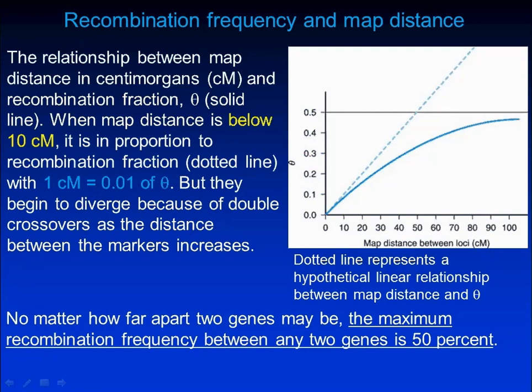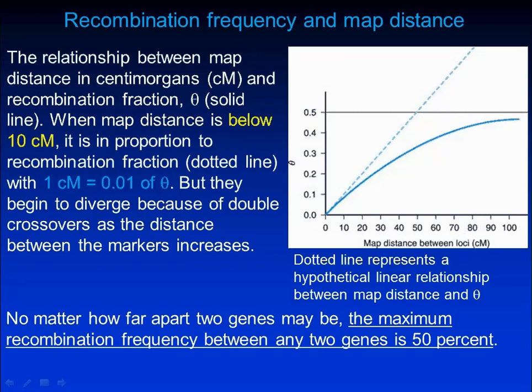When map distance is below 10 centimorgan, these two lines almost merge. Map distance is in proportion to recombination fraction, with each 0.01 of recombination fraction corresponding to 1 centimorgan.